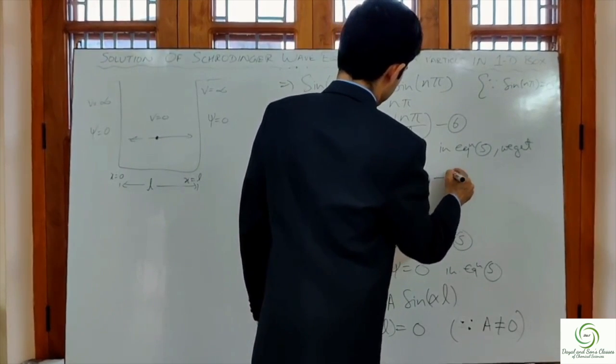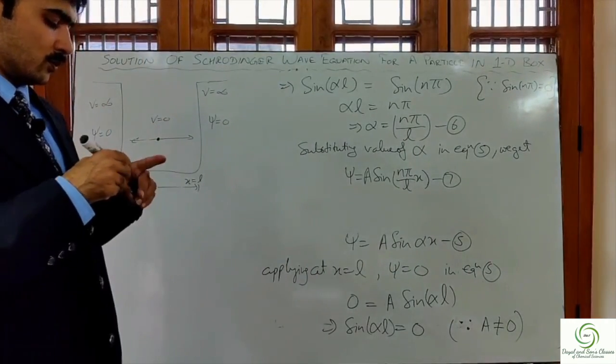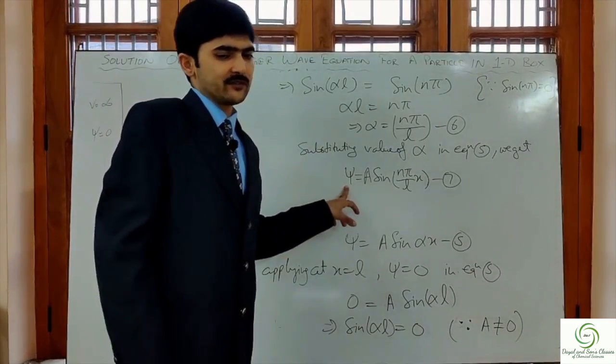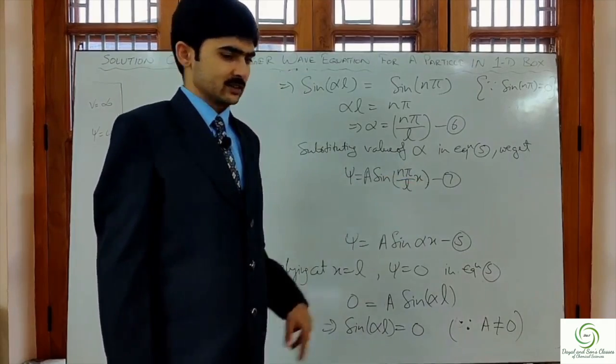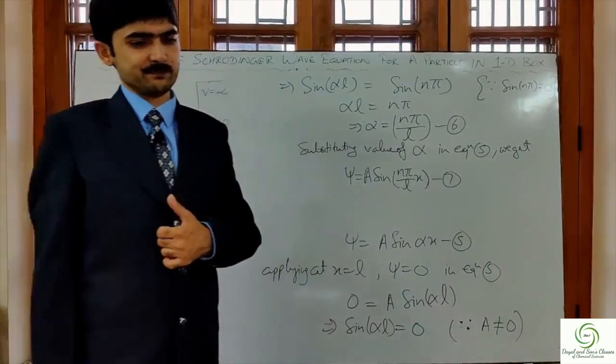We mark this as equation number 7. So till now we have got that the wave function is A sine n pi x upon L, but still A is unknown here.